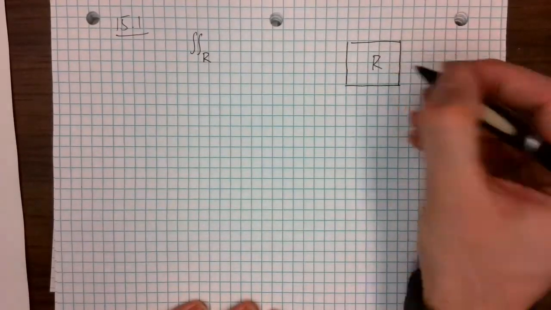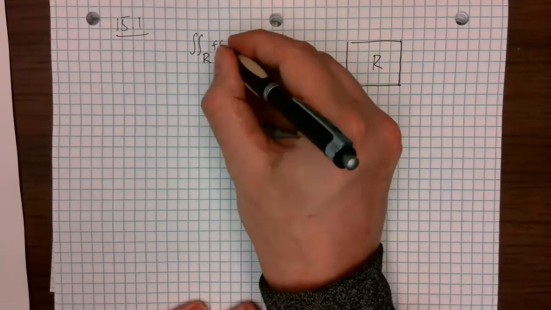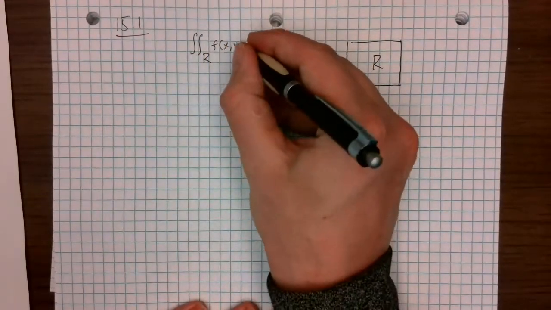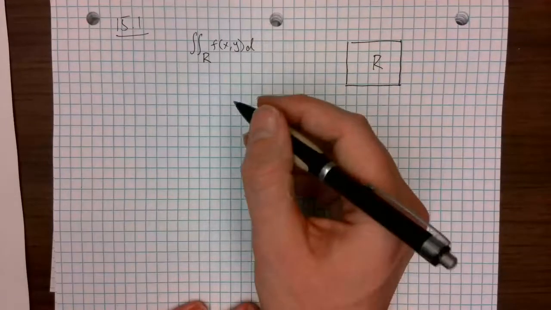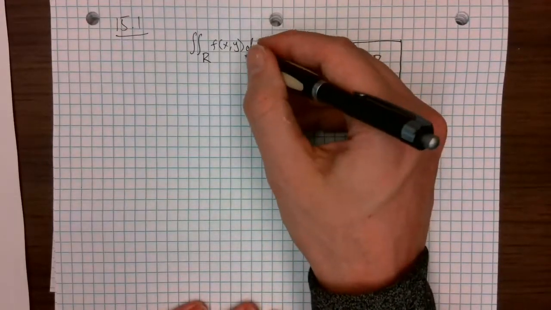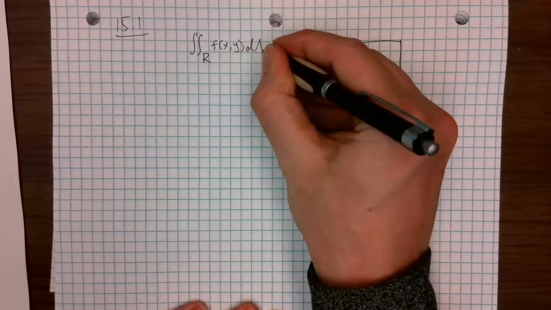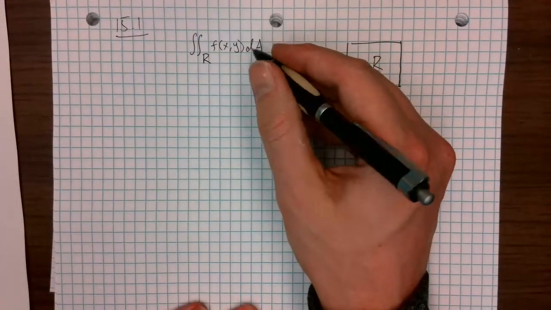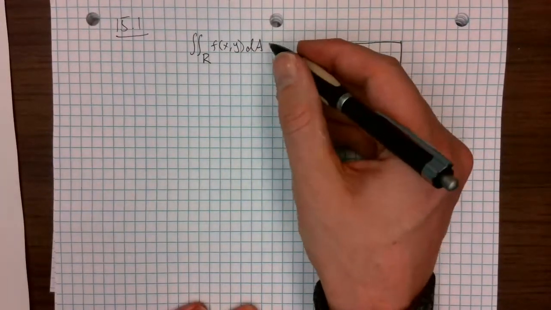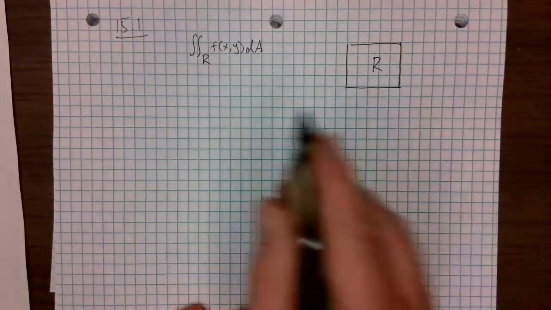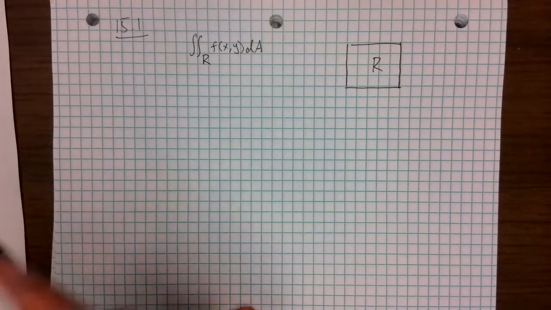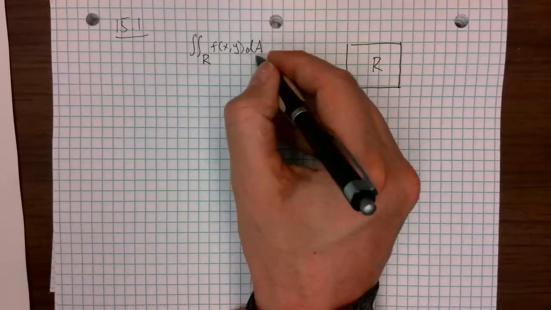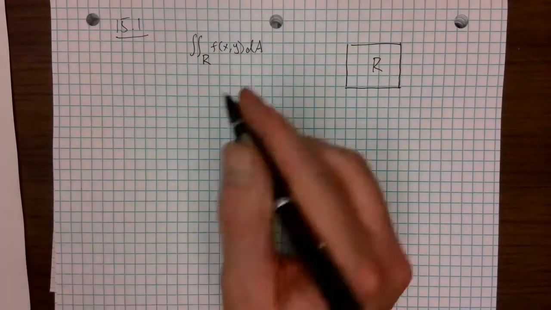This is the rectangle R, and we're trying to compute this, and the d is not going to be dx dy or whatever. We're going to write dA. Sometimes people write dx dy over here, and we'll see why that comes up. But it's really the area measure.